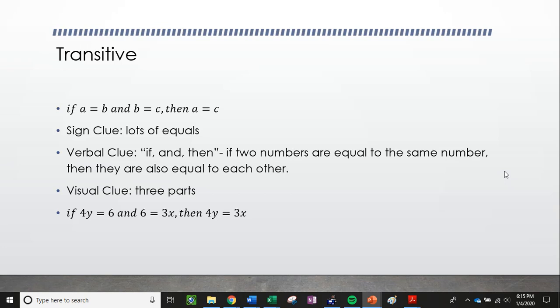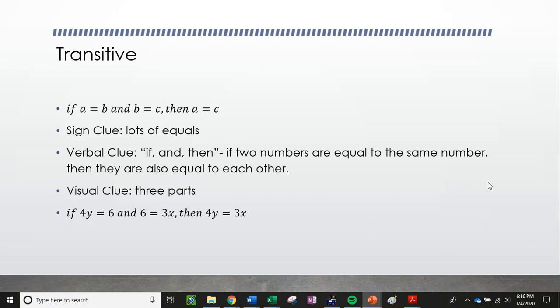Okay, and transitive. If A equals B and B equals C, well, then I can understand that A has to also equal C. Your sign clue is lots of equal signs. You're going to have a couple different statements here. Your verbal clue is the if and then.